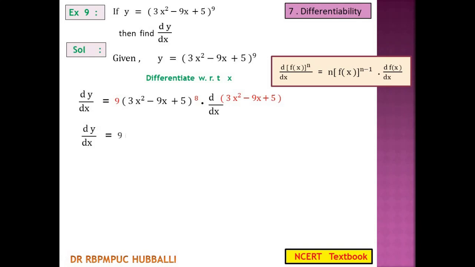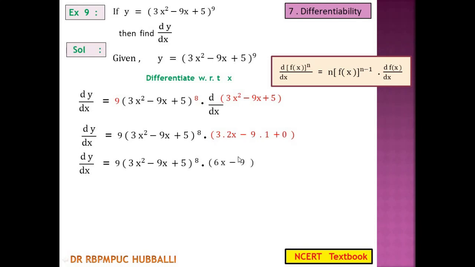We keep this as it is, here we have a derivative, no? So write the derivative: 3 as it is, x square derivative is 2x, minus 9, x derivative is 1, 5 derivative is 0. So that becomes 6, first term as it is, 6x minus 9.